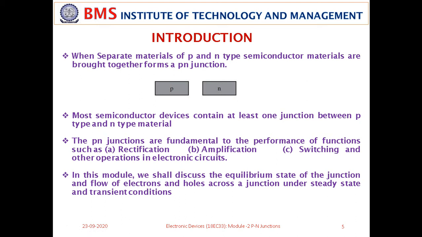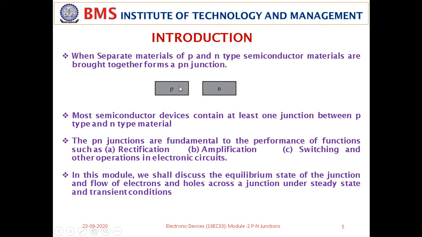Drift current is because of the applied force, an external force. If the charges are moving because of an applied force, that current is called drift current. Now here, because of the concentration gradient, in the beginning electrons will move from N to P, and holes will move from P to N. That causes diffusion current, and diffusion current is in the direction of P to N. As electrons keep moving from N side to P side, they leave positive donor ions here.